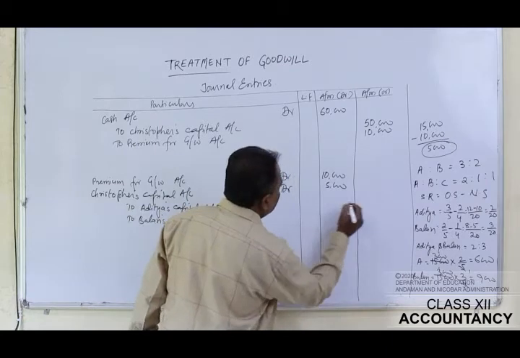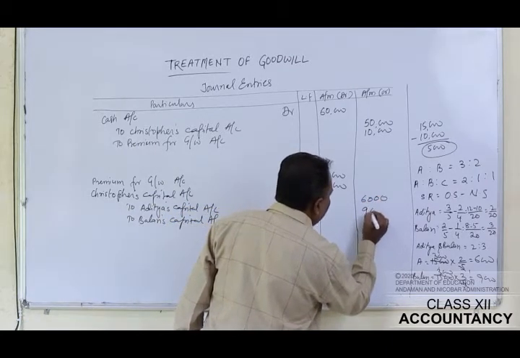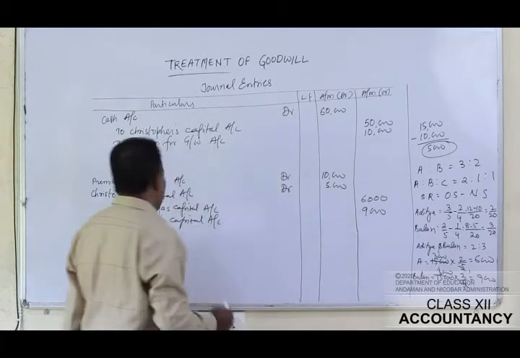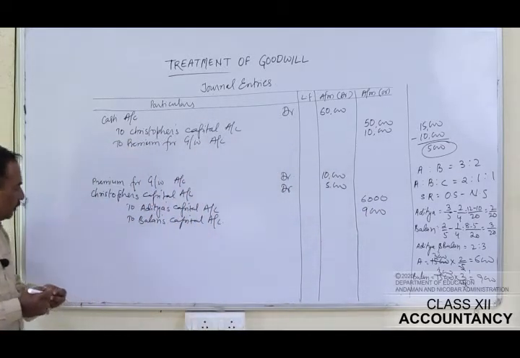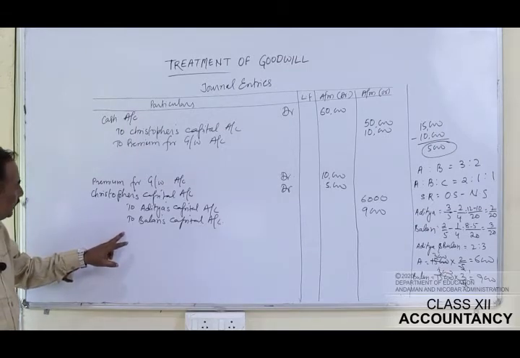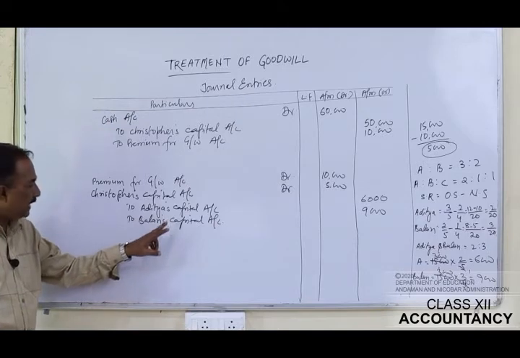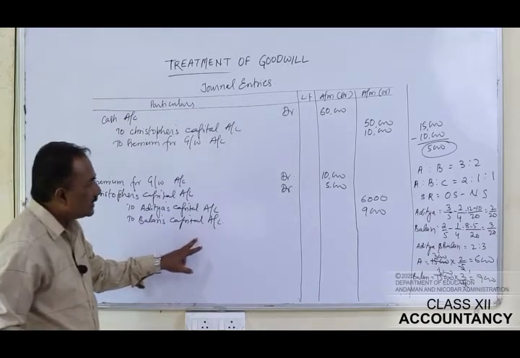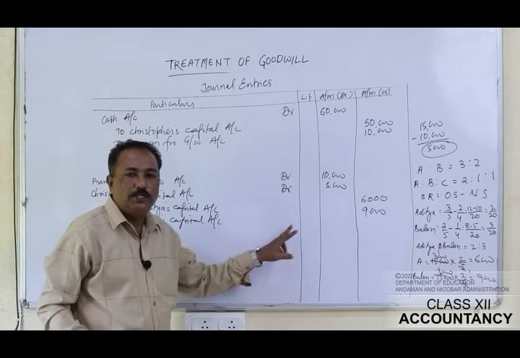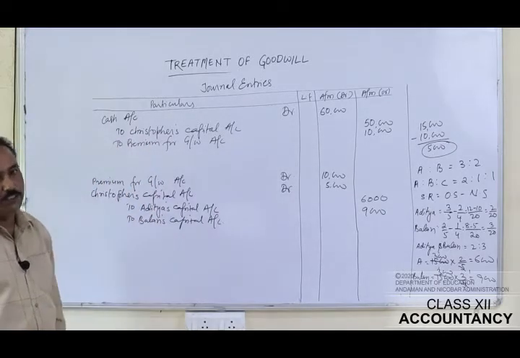Aditya will get rupees 6,000 and Balan will get rupees 9,000. Now, you have to write down the narration as being the amount of premium distributed between Aditya and Balan in their sacrificing ratio of 2:3. So, this is the solution of this question.